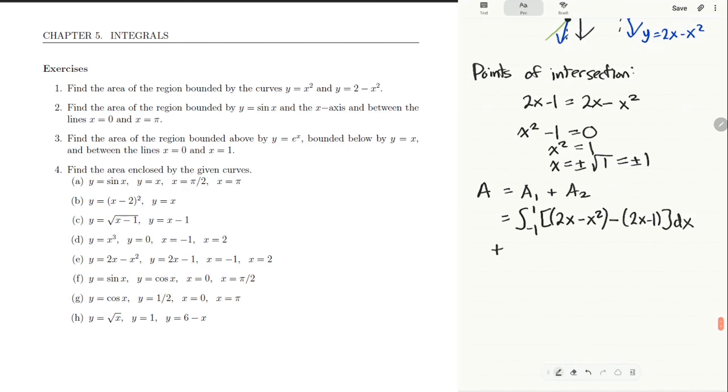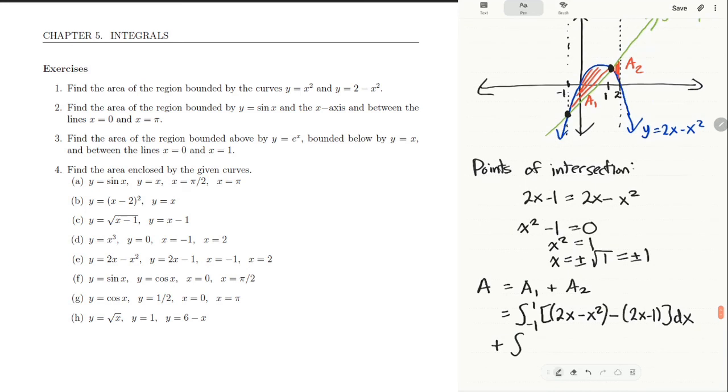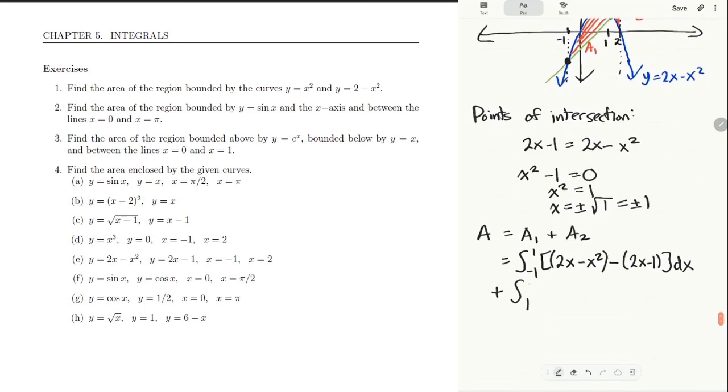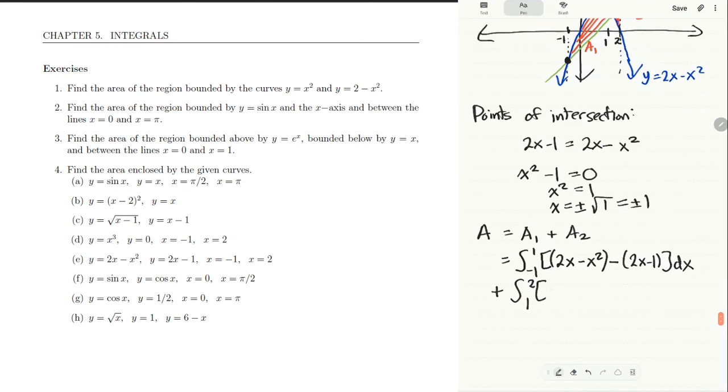Now to calculate the area for A2, we're going to integrate between 1 and 2. And now in this region, the upper function is 2x minus 1, and the lower function is the parabola 2x minus x squared.